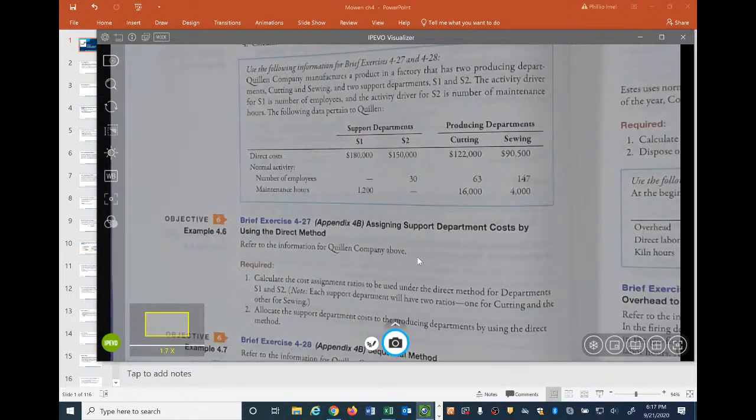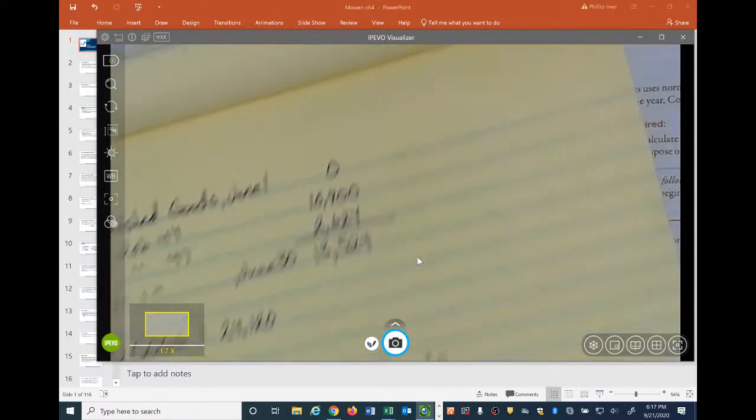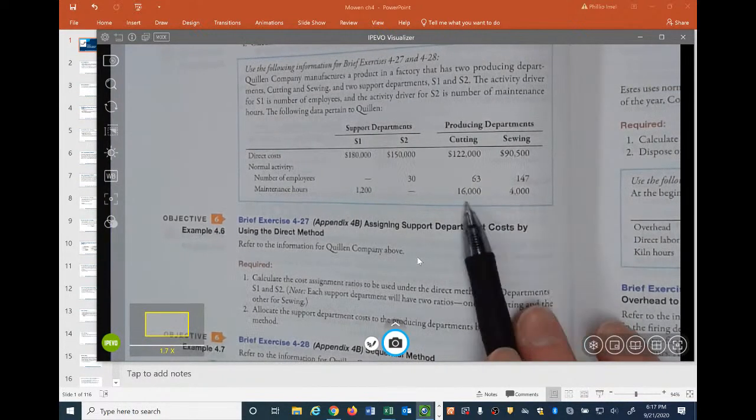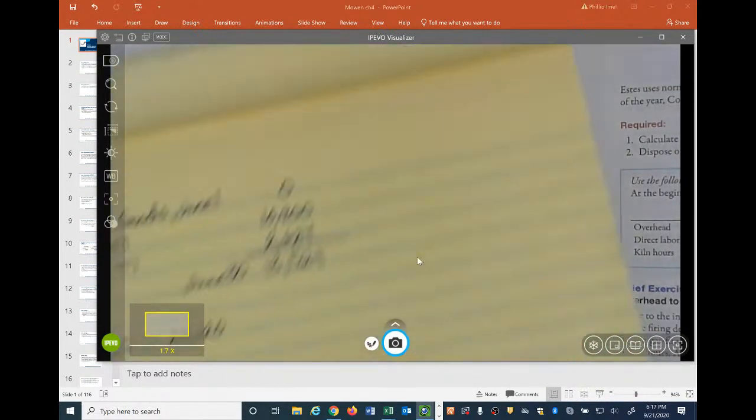Good. Okay, what about for cutting and sewing based on S2 now? Cutting's 0.8, right? How do we find that? 16,000 over 4,000 plus 16,000. Right. So I'll go ahead and write that out.